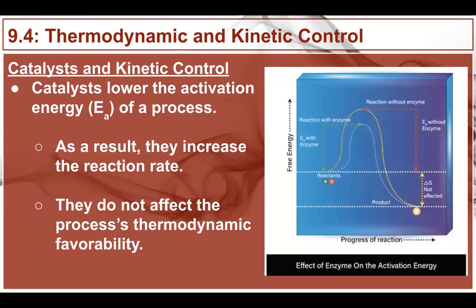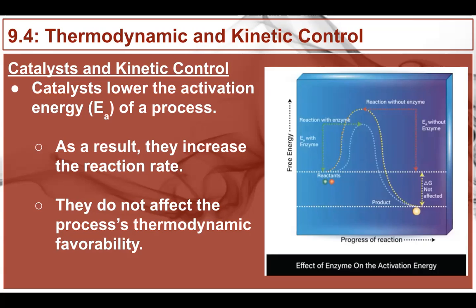Okay, so now what's important, especially in biological systems, is that catalysts help to lower the activation energy of a process. So that's really important in our bodies. It's also really important for a lot of industrial reactions that are necessary for producing certain things. So catalysts play a major role in chemical reactions that are important for us as humans.